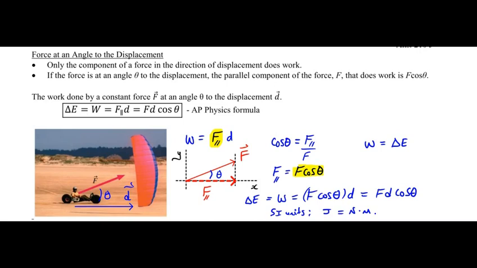But you would not say that it has 2 joules in the north direction. That would be incorrect because it's not a vector. However, if you look carefully, it involves the multiplication of 2 vectors, force, which has magnitude and direction, and displacement, which has magnitude and direction. Technically speaking, this is the multiplication of 2 vectors yielding a scalar answer.